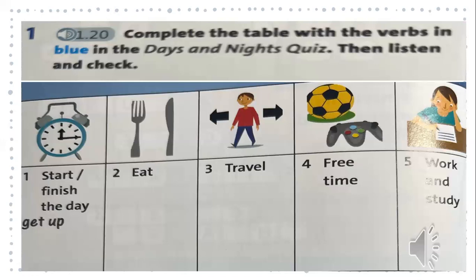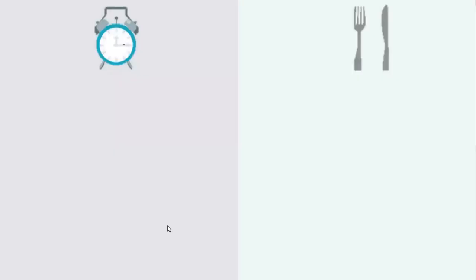Watch TV. Relax. Play video games. Chat online. 5. Study. Have classes. Do their homework. Help with the housework.